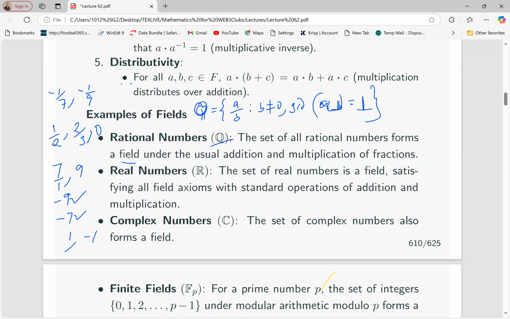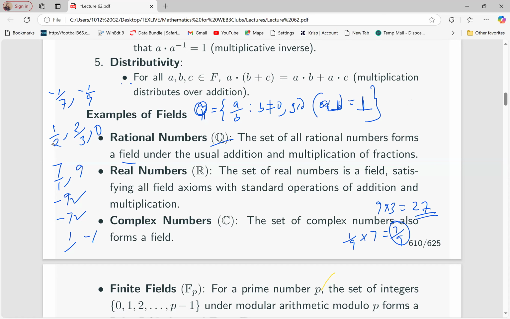So when you look at those numbers, you see that they form a field. Because when you talk of closure, for instance, if you take a number like 9 and multiply by 3, we expect 27, and 27 is a rational number. You take a number like a 9th times 7, you expect to get 7 out of 9, and 7 out of 9 is a rational number.